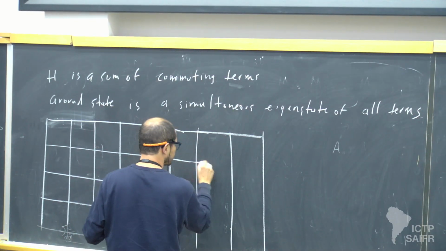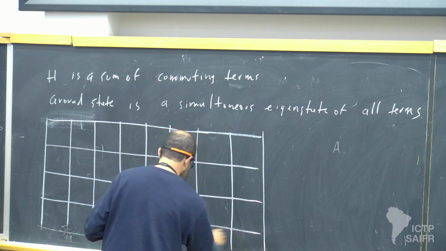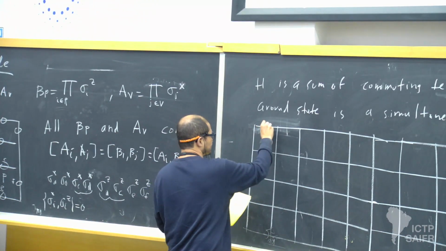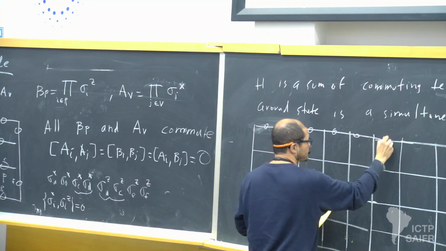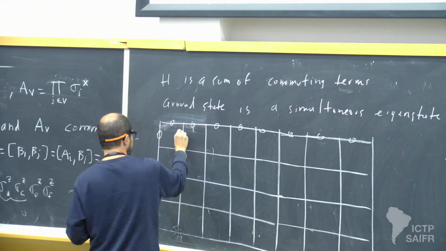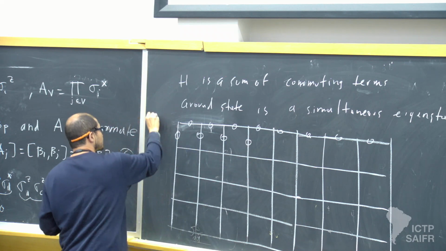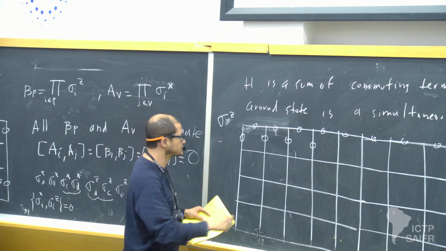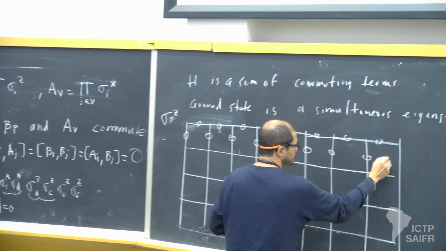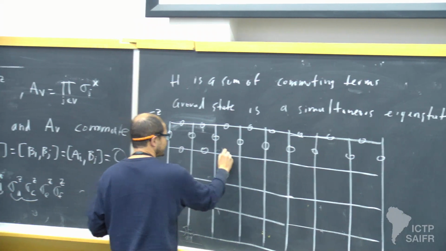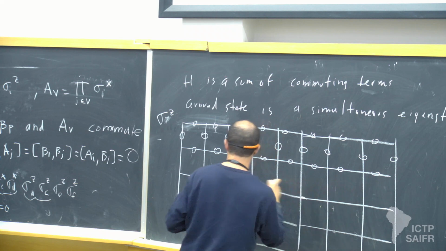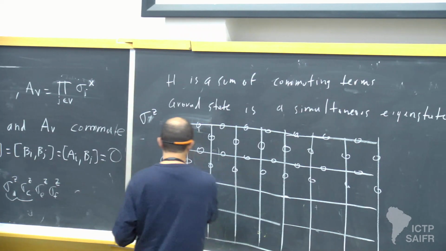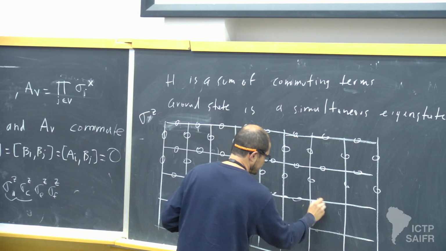This is too large, but I'm going to try and draw a configuration that is a ground state of that term of the Hamiltonian in the computational basis. So let's say we're looking at the sigma z basis for writing the wave function. This is going to take a long time, I should have drawn a picture on a slide. Well, you get the point.